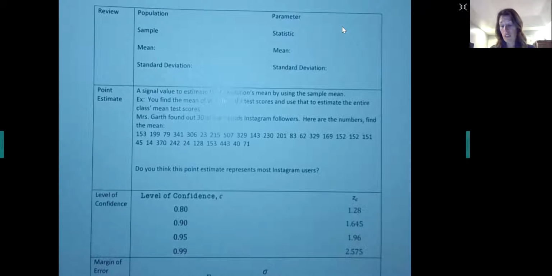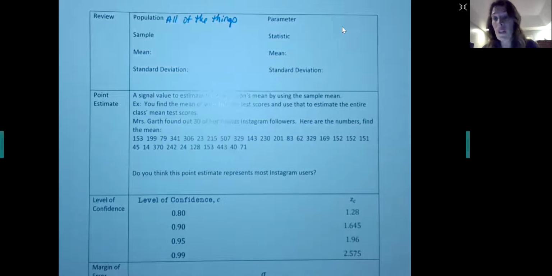So we need to remember what population, sample, statistic, parameter, those types of things are, because then that can help you understand what we're talking about. So population is all of the things. Now, if we were talking about the activity you just did, it's all of the students in third hour. Our parameter is the data that goes with that.